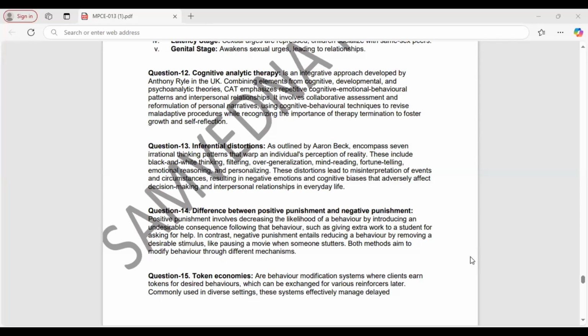Question 14. Difference between positive punishment and negative punishment. Positive punishment introduces an undesirable consequence to reduce behavior, for example, giving extra work, while negative punishment removes a desirable stimulus, for example, pausing a movie. Both methods aim to decrease undesirable behaviors using different mechanisms.